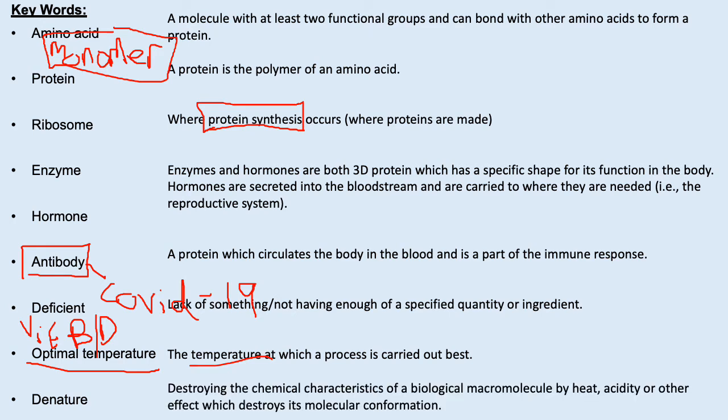If you go above the optimal temperature, the protein may denature, and this is where heat, acidity, or another effect destroys the chemical characteristics of a biological macromolecule by destroying its molecular conformation. That means it will not work anymore, so you would have to make a new protein to replace the old one.